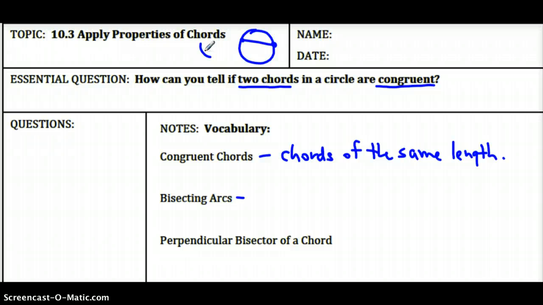again, all sorts of things can bisect arcs. It could be a point, it could be a ray, it could be a line, it could be a segment.